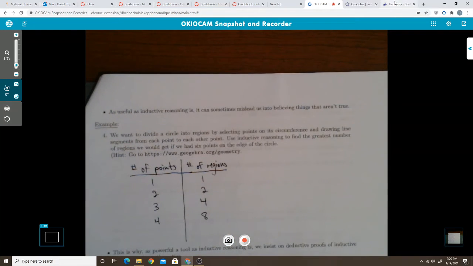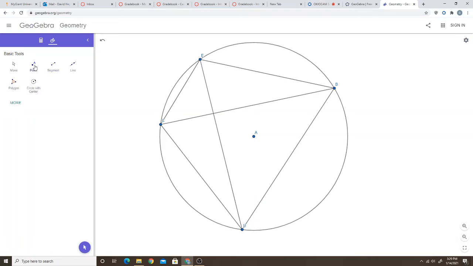Okay, let's do one more. I'll add another point, let's say here. And we've got to connect that to all the other points. So connect it there, there, there, and there.